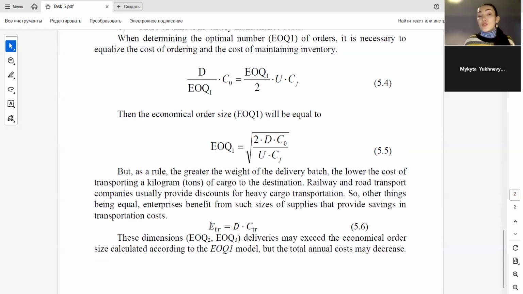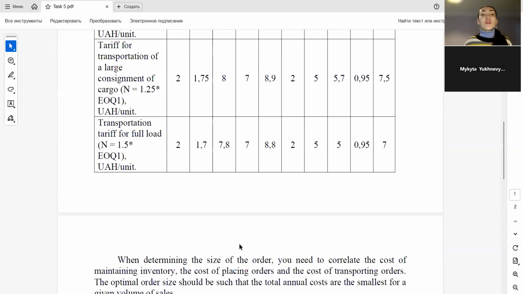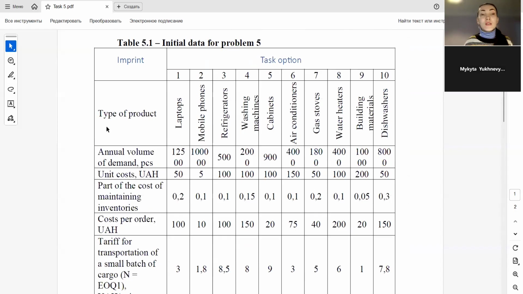So first, E with index TR 1 is equal to, we find our D and we find now our tariff and multiply it one by one. So find D for your variant, please. It is the third line in our table.